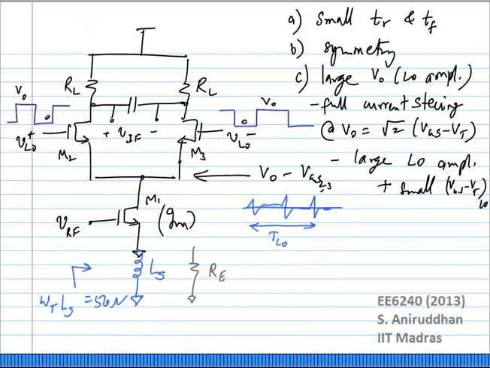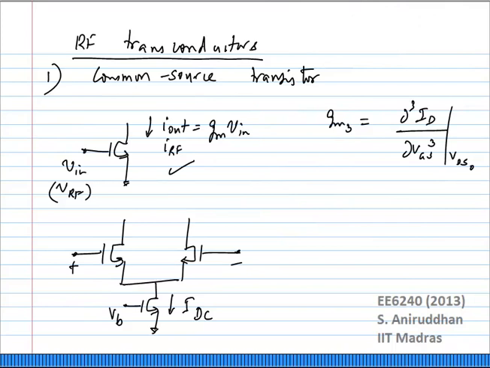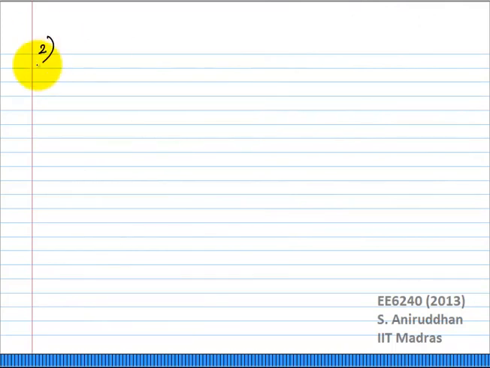What other kinds of circuits have you looked at? So we looked at the common source with degeneration and so on. What other kinds of transconductors do you know? A common gate can act as a transconductance also.